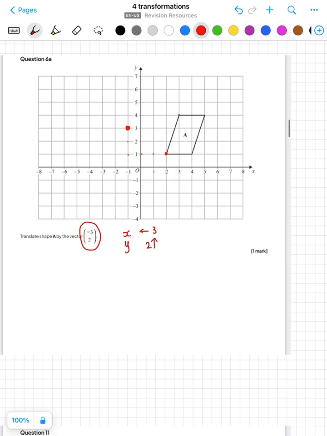Repeat for each of the other points. And we join together.